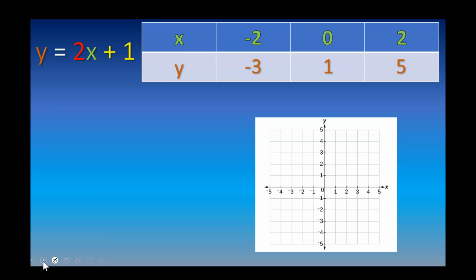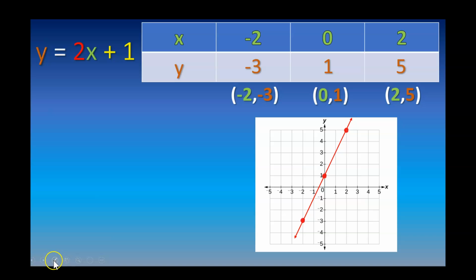Once again, we can use these pairs of numbers to create points on a Cartesian grid. First, negative 2, negative 3, which is down here in quadrant 3. Then 0, 1, and 2, 5. Again, notice that they create a perfectly straight line.